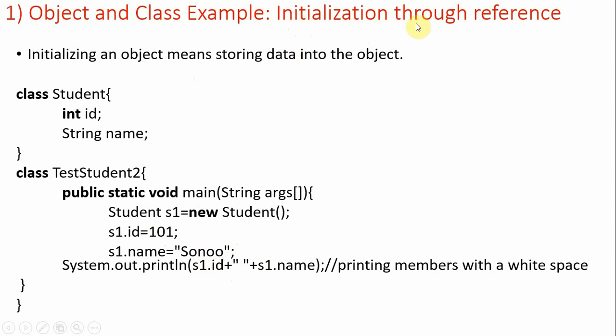So we can initialize the values of the object through a reference variable. For this class, id and name are defined with the help of s1, the reference variable. That is nothing but initializing values to the object through a reference variable.